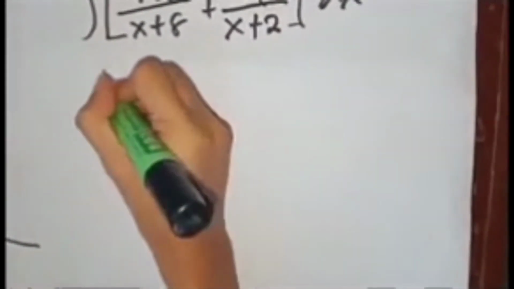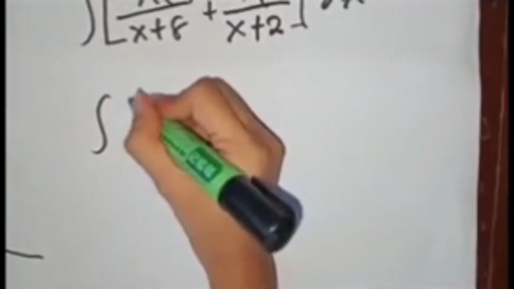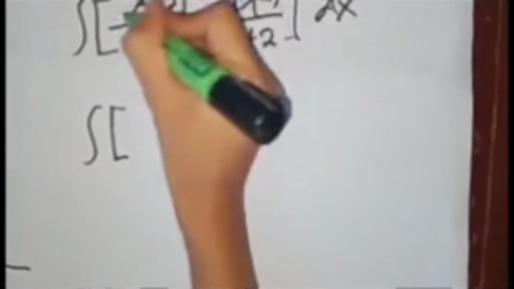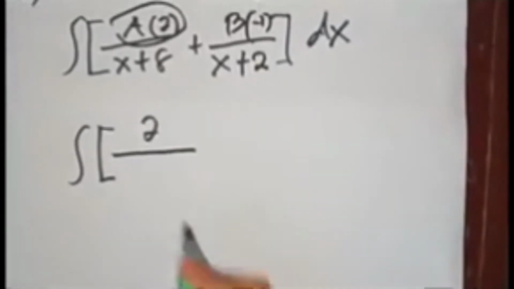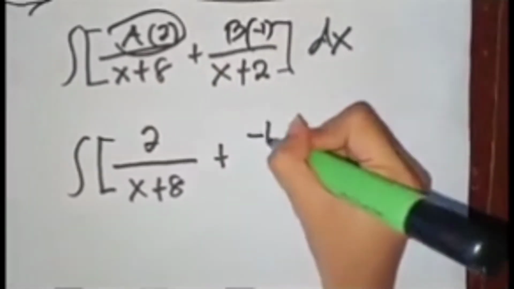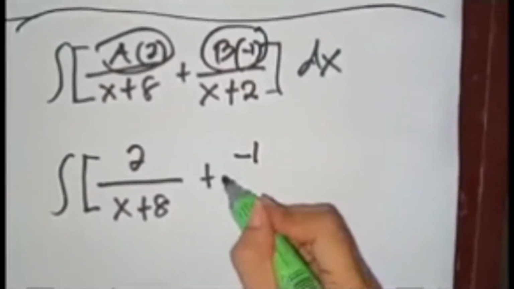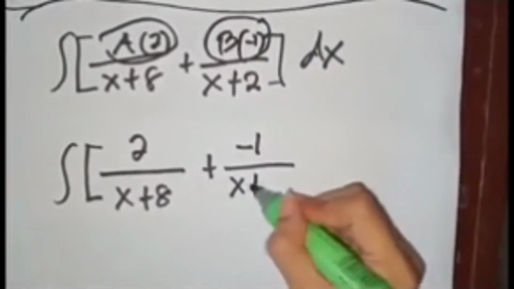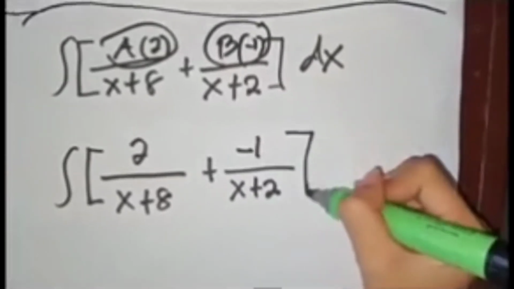So, the integral of 2 over (x plus 8) plus negative 1 over (x plus 2) dx.